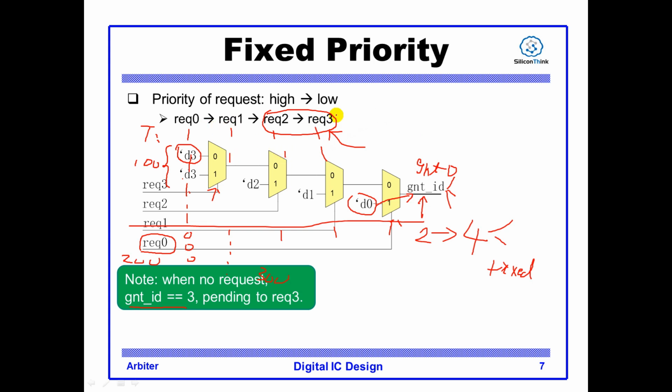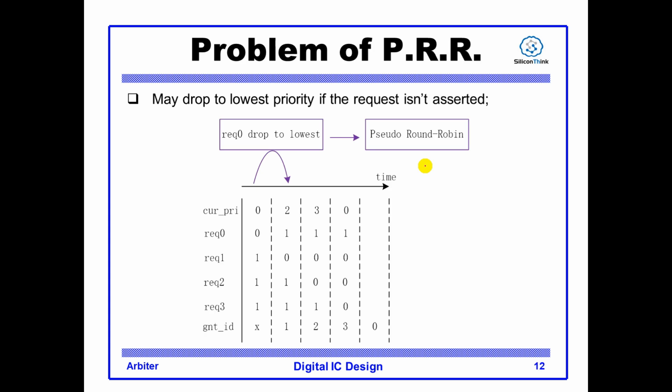Maybe each one will get 25 grants in 100 cycles, if they all assert request in the 100 cycles. But is there any problem for the so-called round robin algorithm? Is it really running round robin?